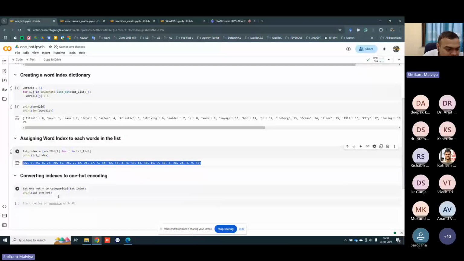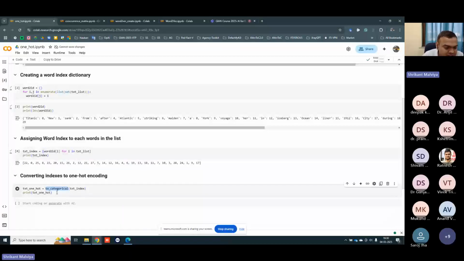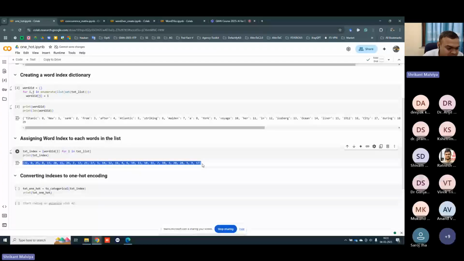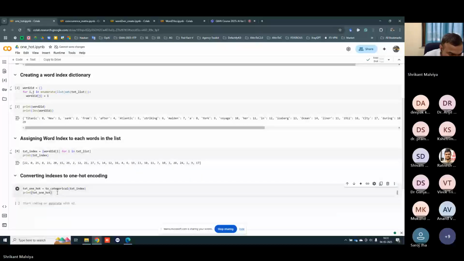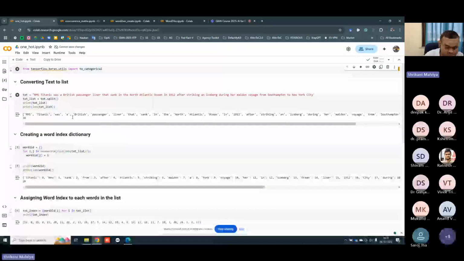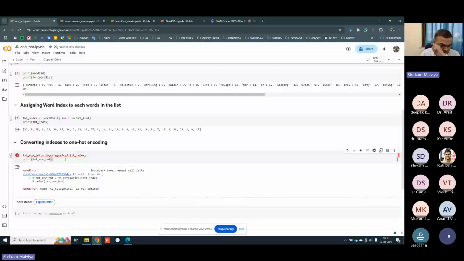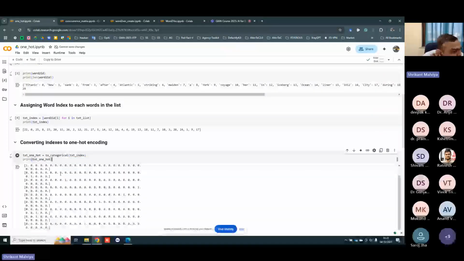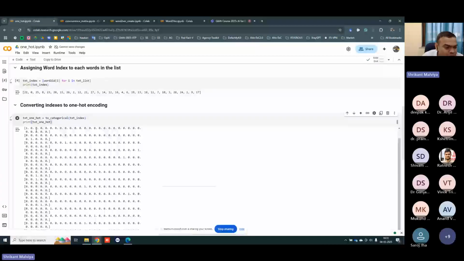Now it will take this list as input to this categorical function, and it will generate the one hot vector for each word in this list. So let's execute it and see. Yes, now we can see all the words in this sentence, and we got the one hot vector for each.